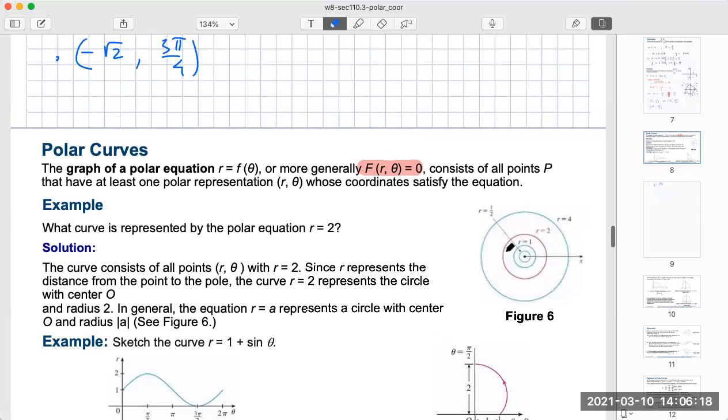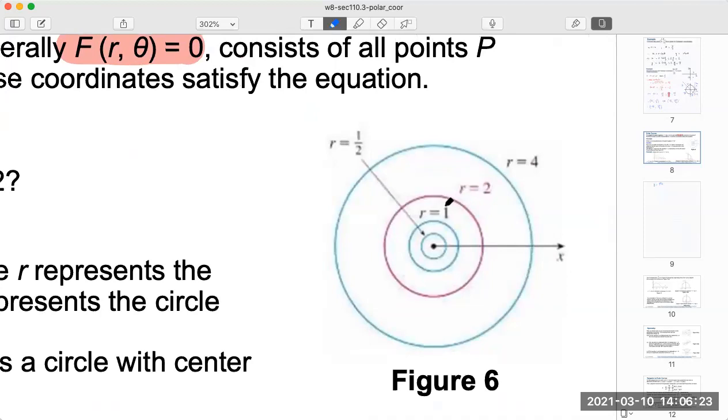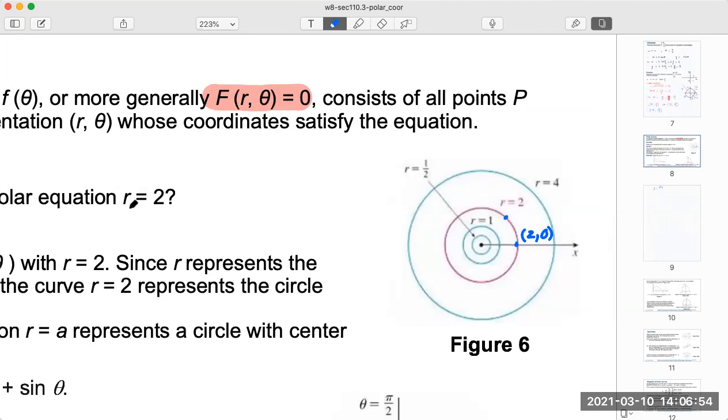For example, the curve represented by the polar equation r is equal to 2 should be this red line here, right? This point, for example, what is the coordinate of this point? The distance from this point to the origin is 2, right? Therefore r will be 2, and what is theta at this point? 0. Very good. It satisfies this equation, r is equal to 2.